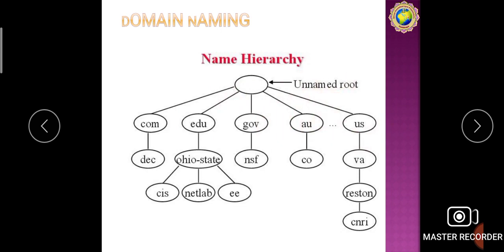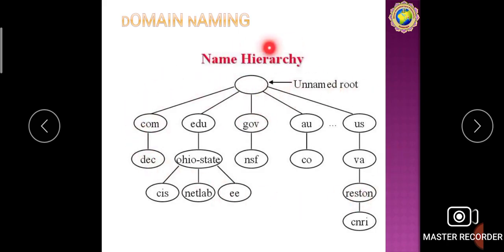These dots followed by a name are used for the domain name. Here .com, .edu, where edu means education, .gov means government, and the country codes are derived, and each one is a subdomain of the super domain. So this is our root domain and here this is our subdomain.